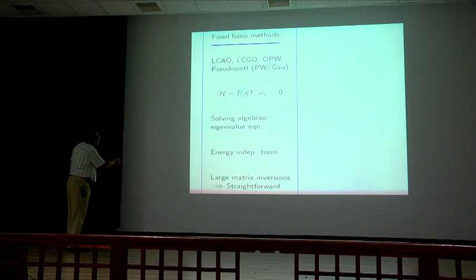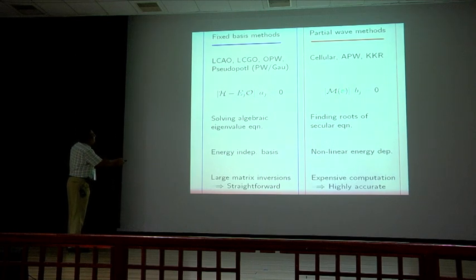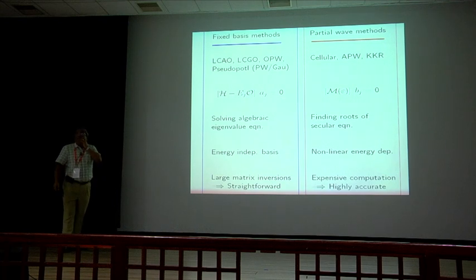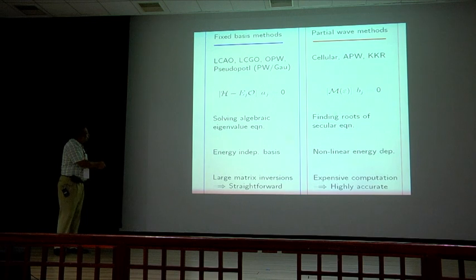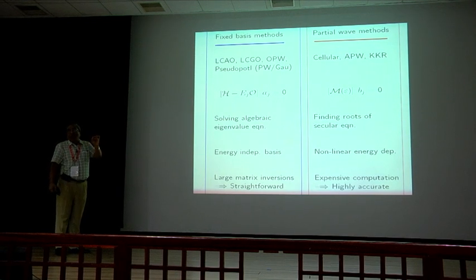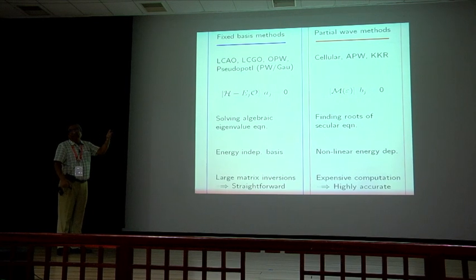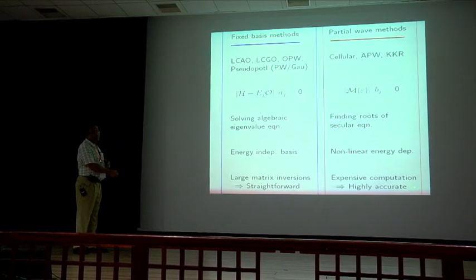Here, there was no energy. This is the energy independent basis. And here, this is the non-linear energy dependent basis, because the epsilon, which is energy, is appearing inside, and you have to find out the roots of this equation. To find out the roots of a non-linear energy dependent equation takes more time, so it is expensive.